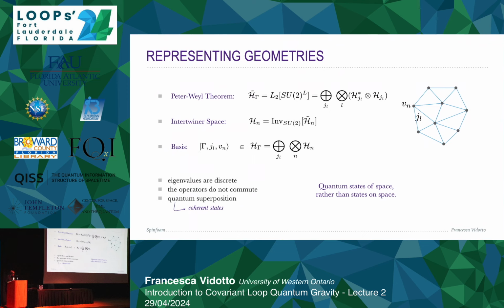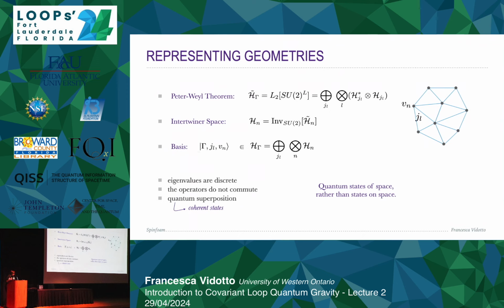And so the full state that we defined before is now obtained by a direct sum over the j's, and then the product over the Hilbert spaces for each node.